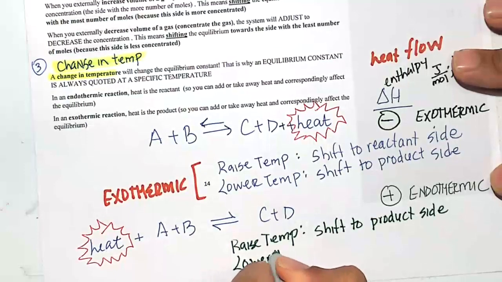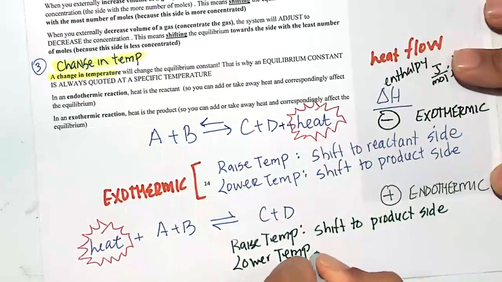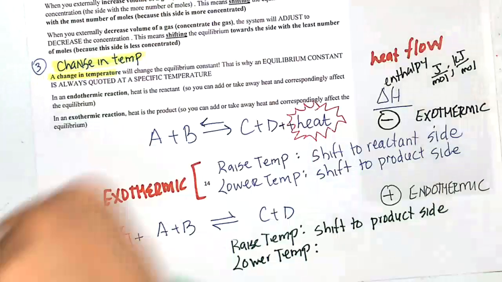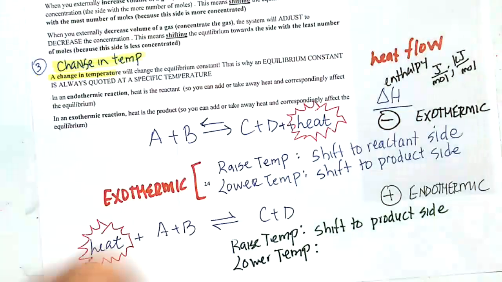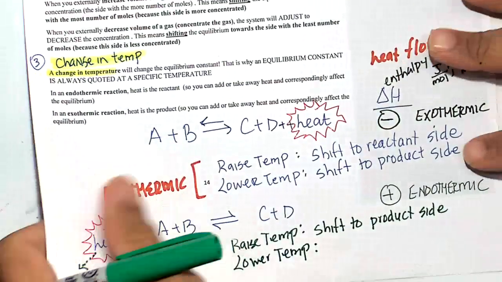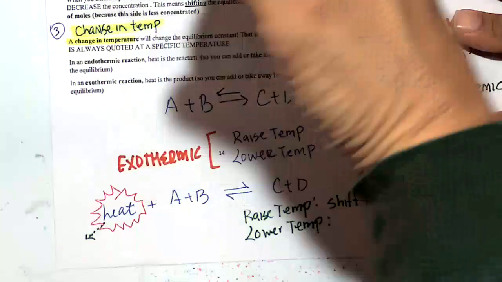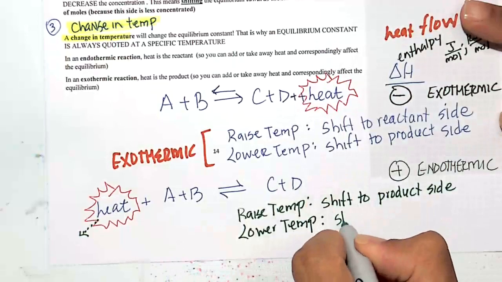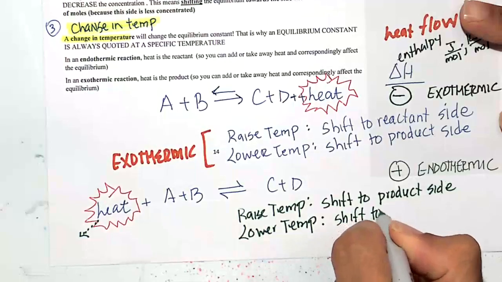And if we lower the temperature for an endothermic reaction, that is, we remove heat, where will the reaction shift? If the reaction is endothermic and we remove heat, it's going to shift to the reactant side, to the left.